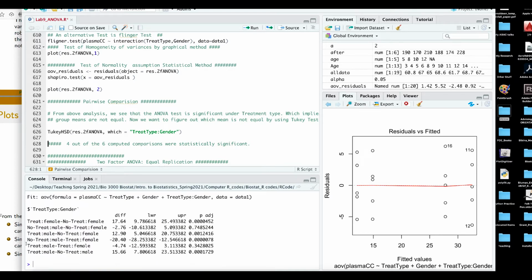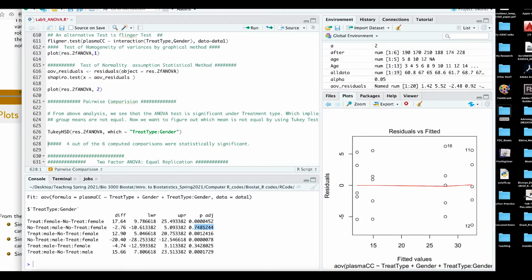Then look at this: treated female and not treated female. Treatment type is significant. Not treated male and not treated female is not significant.